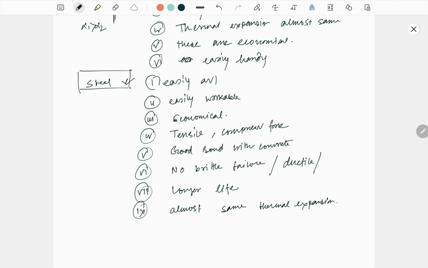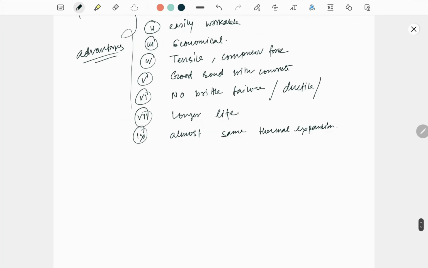But every coin has two sides. Every person has two sides, evil and God. So if these are all the advantages or good signs, there are some bad signs.